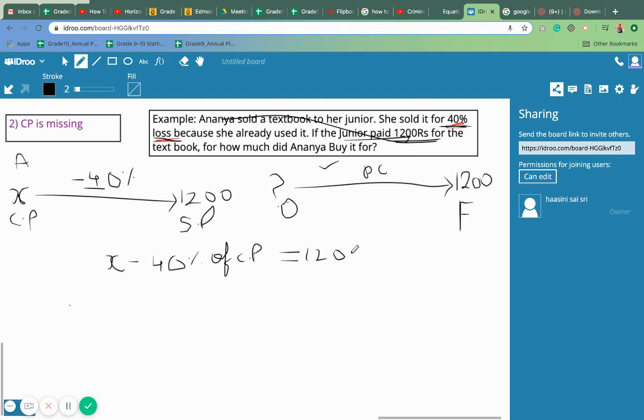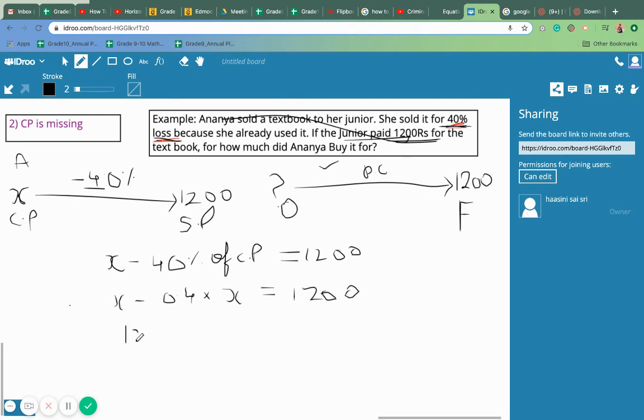How do I solve this question? Simple. Now I'll take x. 40%, if I convert it into a decimal, it will become 0.4. Of means multiplication. So into CP, I don't know. So I took it as x, so x minus 0.4x is equal to 1200. Now, x doesn't have any number in front of it.